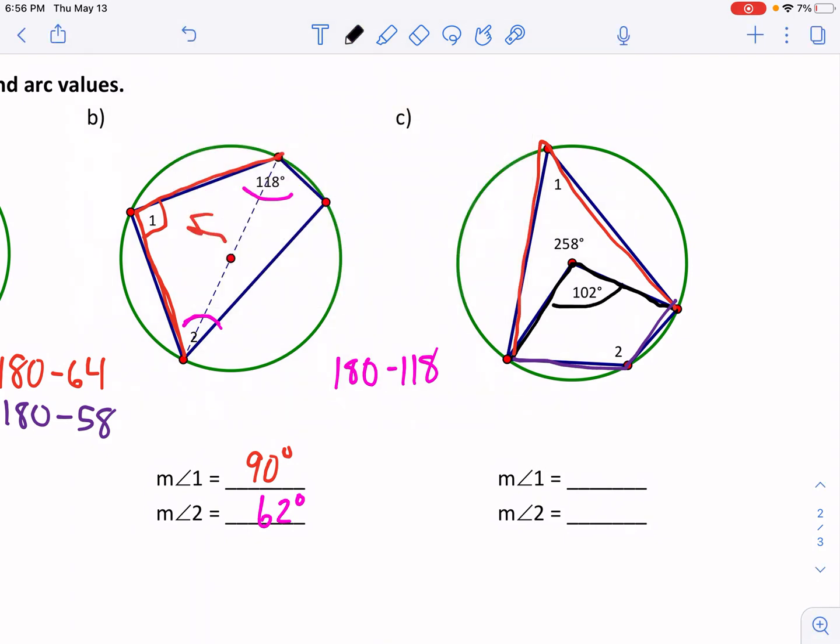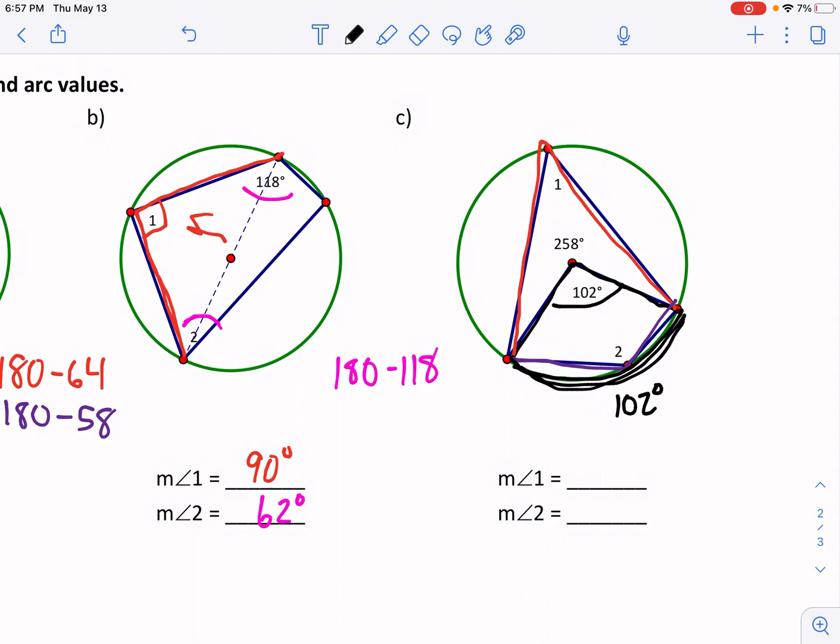What do we know about a central angle and its intercepted arc? They're the same, right? That arc measure which it intercepts is going to be the same. So this would be 102 degrees from here to here. Now notice angle 1 here is the inscribed angle that intercepts with it. What do we know about an inscribed angle and its intercepted arc? It's half of it, right?